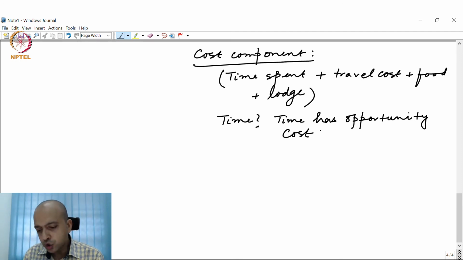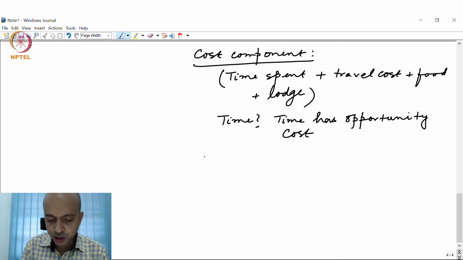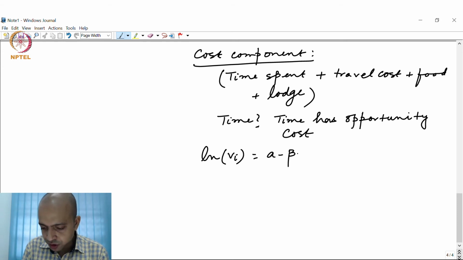Okay, so what we do in the travel cost method is collect this type of information from thousands of such visitors, and try to estimate a function like this by simple regression technique. Let us say that log of Vi is a function of a minus beta Ci plus epsilon i.